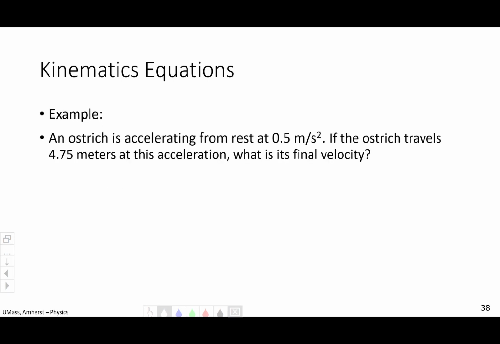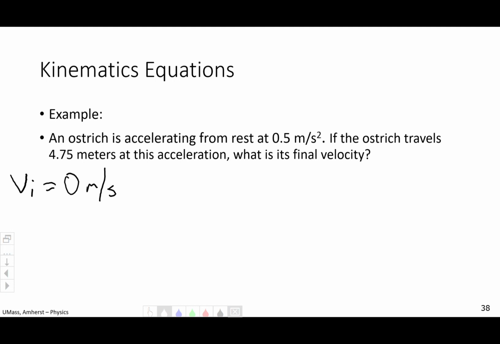So here's an example. An ostrich is accelerating from rest at 0.5 meters per second squared. If the ostrich travels 4.75 meters, what is its final velocity? So we're not provided with time, which is kind of a dead giveaway as to what formula we're going to use. But regardless, let's go ahead and write down some stuff. So we are accelerating from rest, meaning Vi is 0 meters per second.